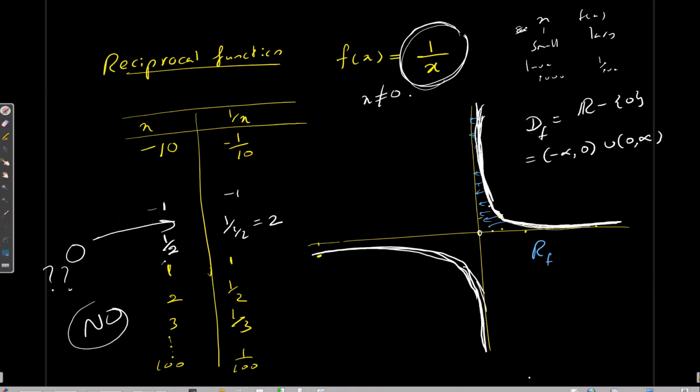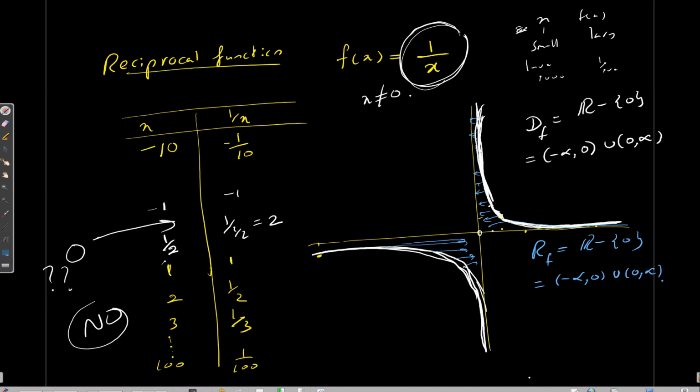You will get all the numbers, everything except, think about it very carefully. This one is getting smaller, smaller, smaller, but will it ever be 0? No, it keeps getting closer and closer to 0. So everything except 0 again. So the domain and range are the same: negative infinity to 0, union 0 to infinity.